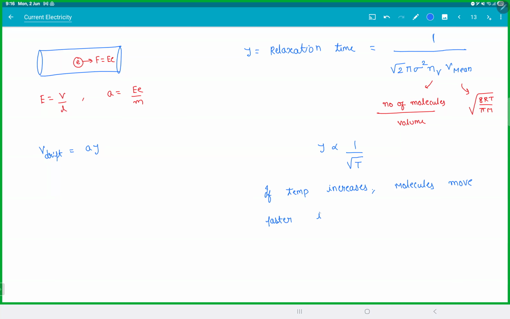The number of collisions will increase, meaning the time between them will decrease. So this is the reason in a conductor, whenever you increase the temperature, the resistance increases. Because the collisions have increased, it messes up. In case you forgot, tau is also given by free mean path by V mean, that is where we derived from. Please go revise this.